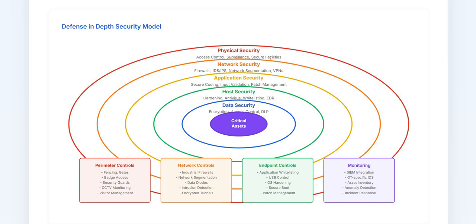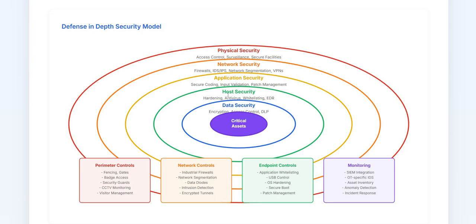Physical protection controls who enters facilities and who touches equipment. And network security: one layer inward, network controls segment traffic, filter protocols, and monitor behavior. And application, moving inward: applications validate inputs and apply controlled updates.